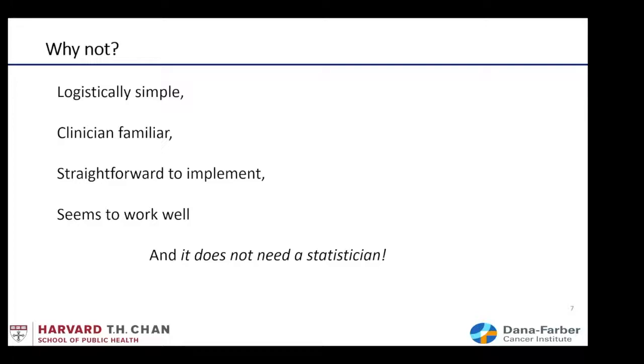It's really straightforward to implement, as I showed in the previous slides; you just do accordingly. For many years it seems to work well. Some of my collaborators say this way they don't have to have a statistician. But I have to say this is a misconception.